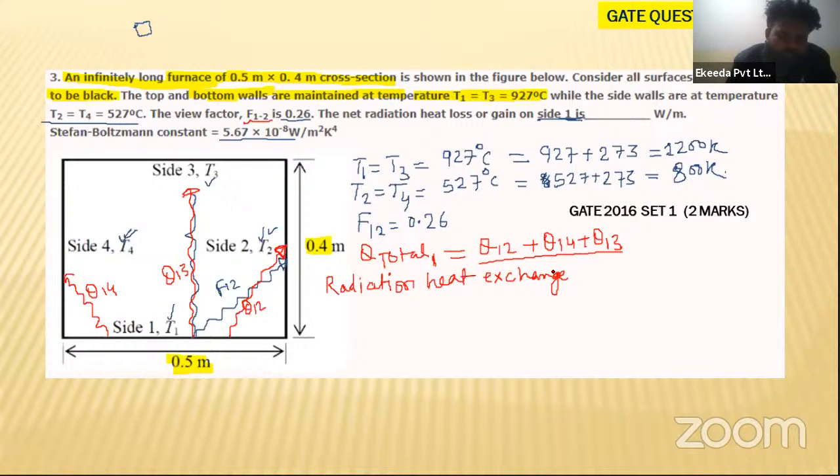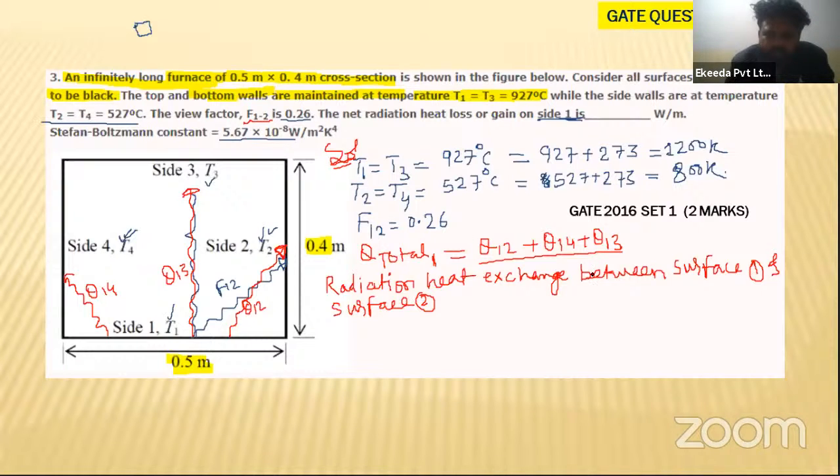Beta, you can ask me your doubts in the comment box. Okay, I am directly doing the question here, so don't worry, so that we can save time. So the radiation heat exchange between surface 1 and surface 2.